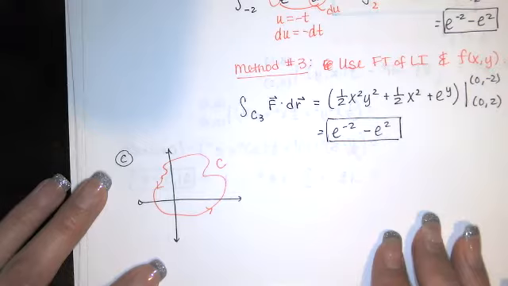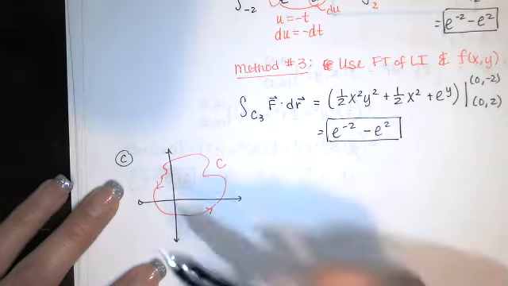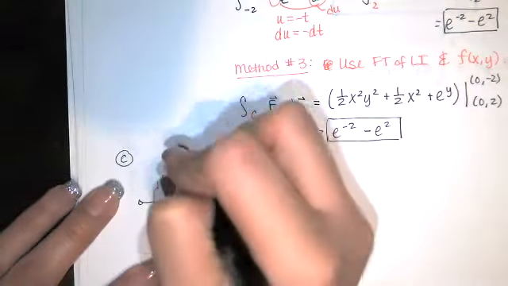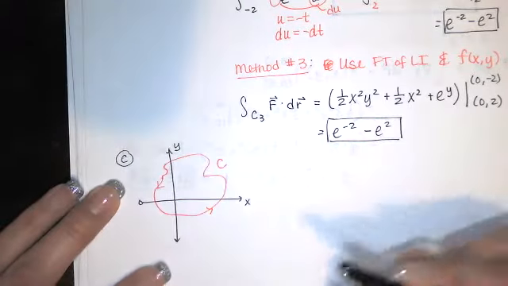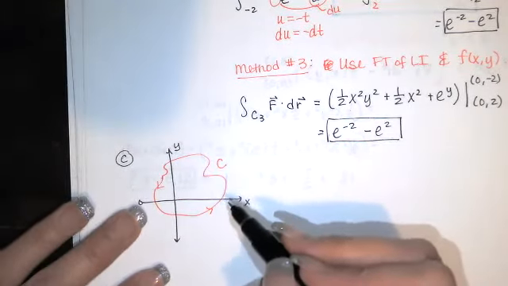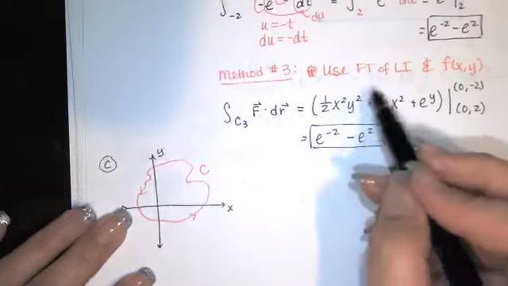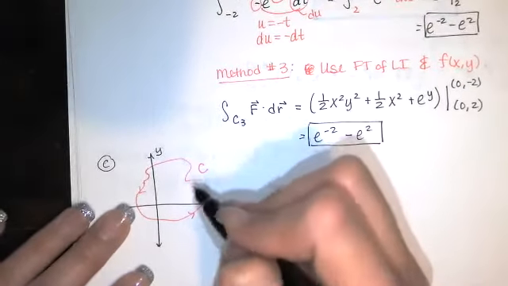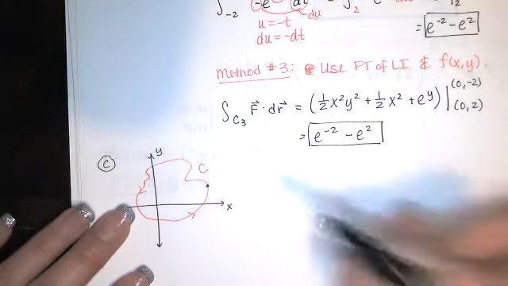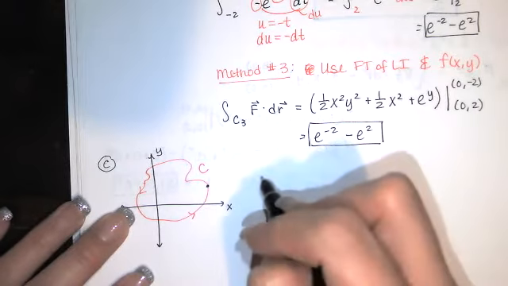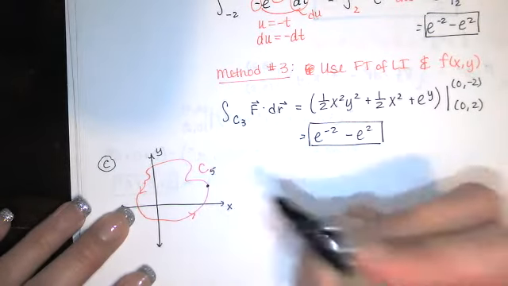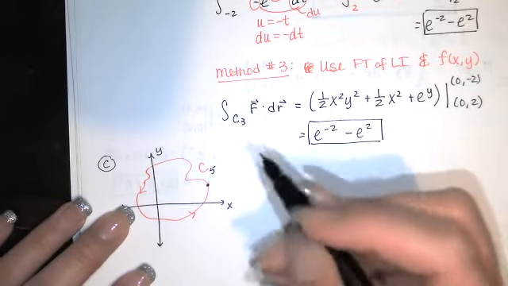I didn't even make it a recognizable function. Well, then our only option at this point is the fundamental theorem of line integrals. And we need to pick a point where we start and stop. So let's say there. Let's call this c sub 5 because we're on our 5th one.